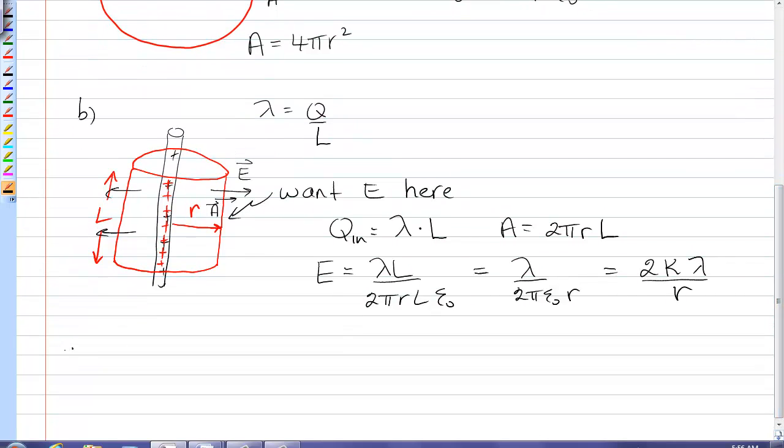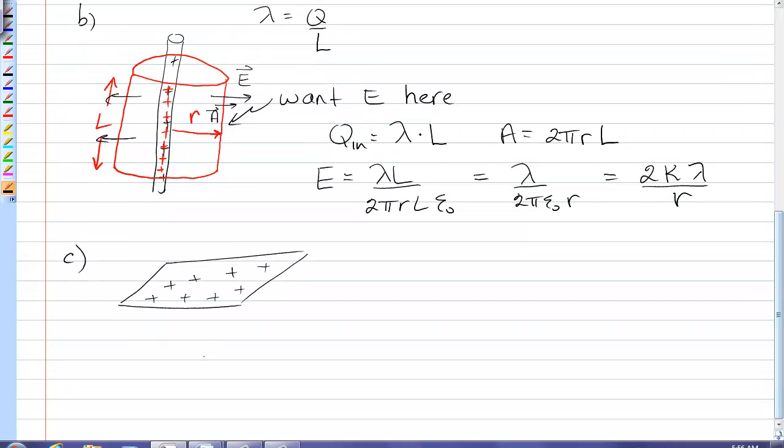Okay. The third case I'll show you is for an infinite sheet of charge. So we'll draw a sheet of charge. We'll have it positively charged. It's an insulating sheet of charge. And let's say we want the electric field here. Now this doesn't have spherical symmetry, nor does it really have cylindrical symmetry.